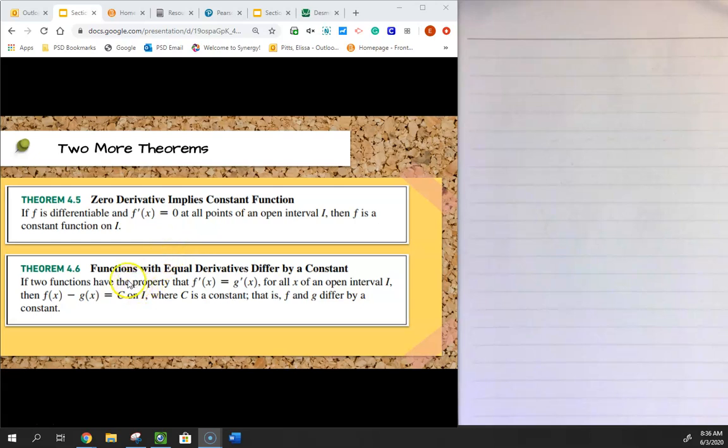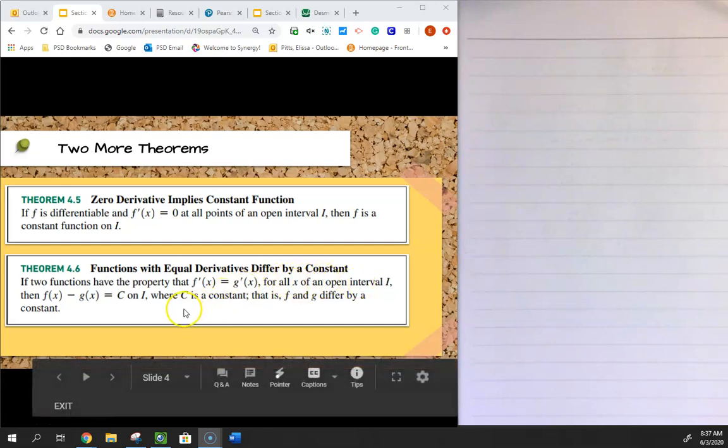The other result that we get is that functions with equal derivatives differ by a constant. So if two functions have the property that f prime of x is equal to g prime of x, their derivatives are equal to each other, then they differ by a constant. So one of the functions, f of x, has to be equal to a constant plus or minus g of x.